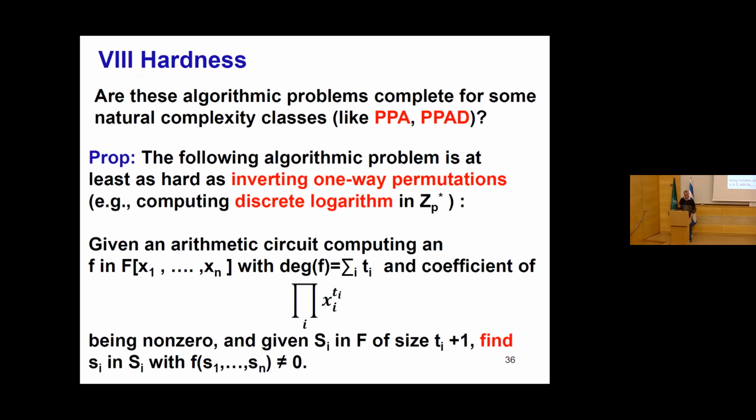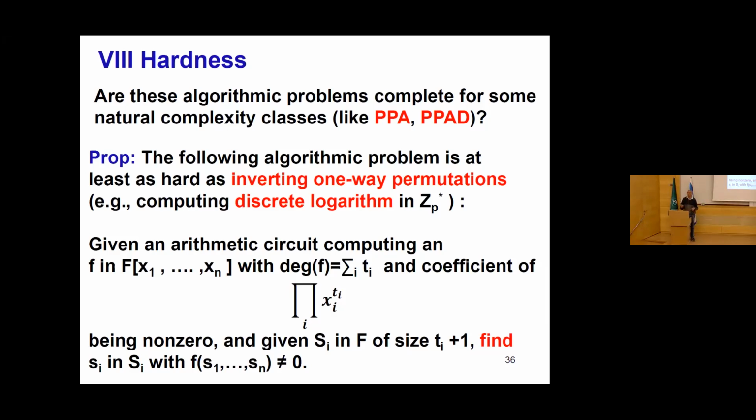And one way to prove hardness is to show that some problems are what is called complete for some natural complexity classes. Now, as I said, I will not talk about complexity classes. Usually when you say that you are not going to talk about something, it's exactly before you are going to talk about it, but let me only say one sentence about it.